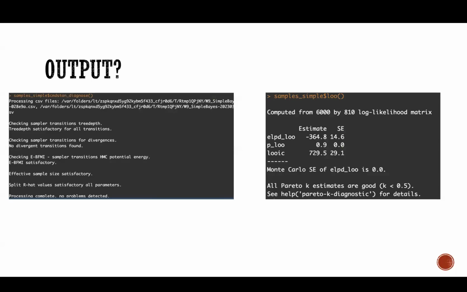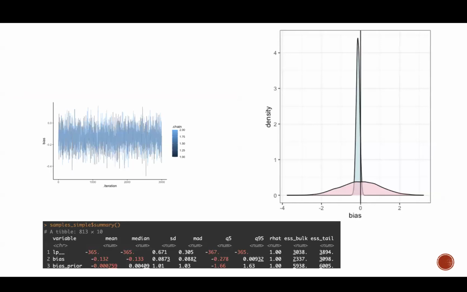We fit the model. We get an ELPD that is a weird measure of how well it fits the data, which we will then use at a later stage when we add a second model. We check the Markov chains. Here we have caterpillars. We check the prior posterior update. It's not perfect, but it seems to work.